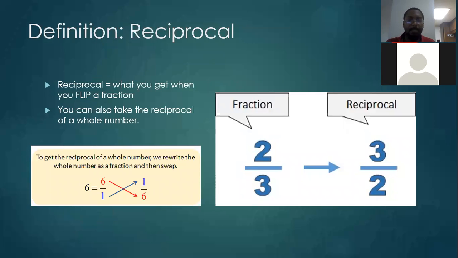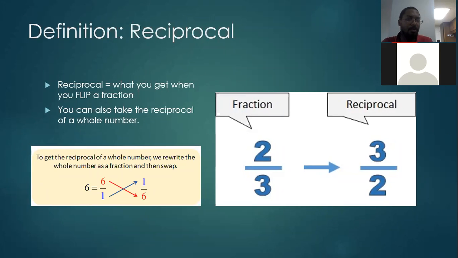So this is coming back to what we just said. When we flip any number, you take what's called a reciprocal. It's called taking the reciprocal, basically. If I take the reciprocal of 2/3, in other words, if I flip 2/3, all I do is take the top number, move it to the bottom, take the bottom number, move it to the top.